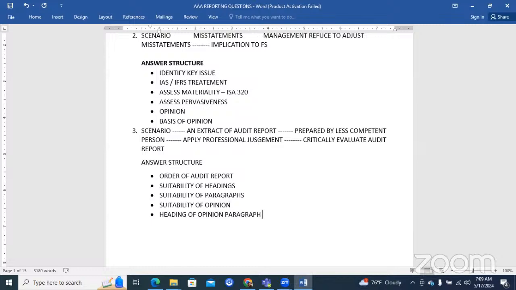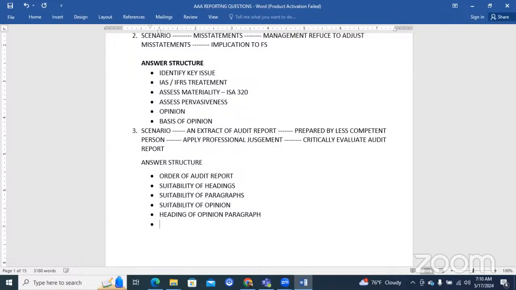The respective opinion paragraph should be headed with the correct opinion. For example, if it is a qualified opinion, then the heading should be qualified opinion, not just opinion. If the opinion is adverse, then the heading should be adverse opinion, not just opinion.